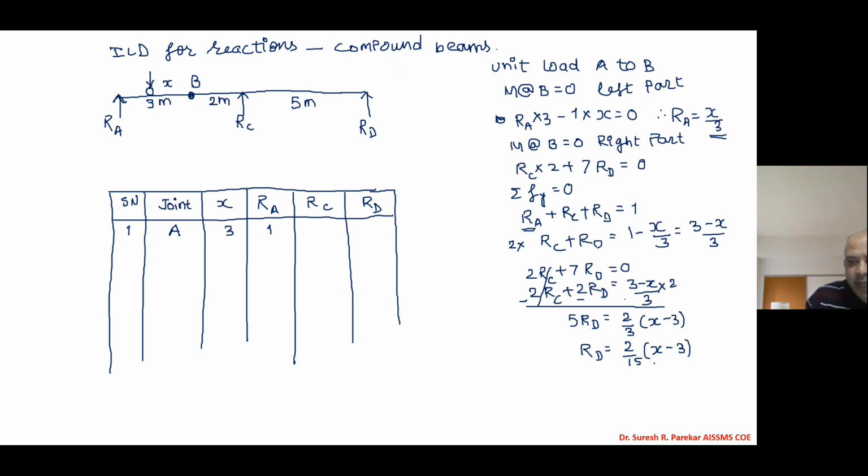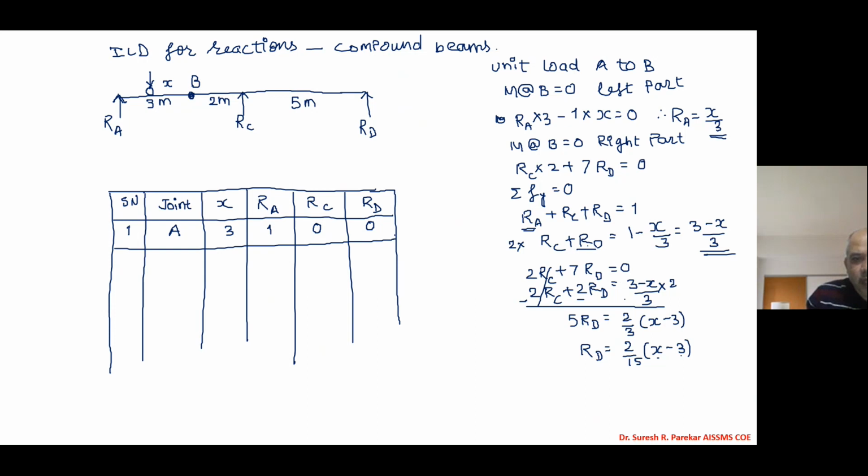RD, if we put x equal to 3, then 3 minus 3 we will get as 0. So RD we will get as 0. Then RC plus RD, now here RD is 0, and if we put x equal to 3 in this equation, then 3 minus 3 upon 3, again 0. So RC also we have 0.